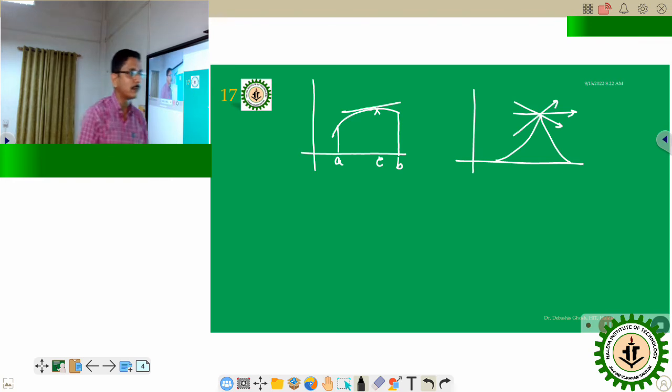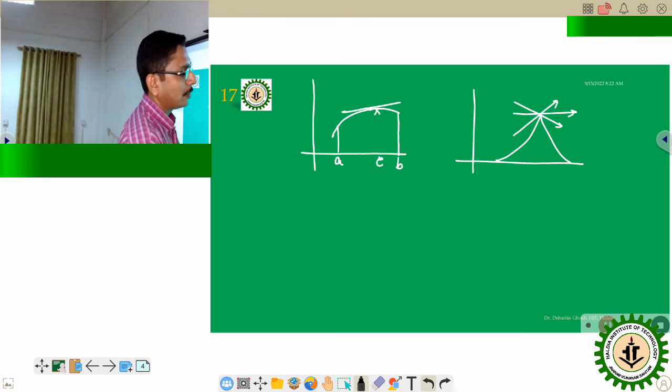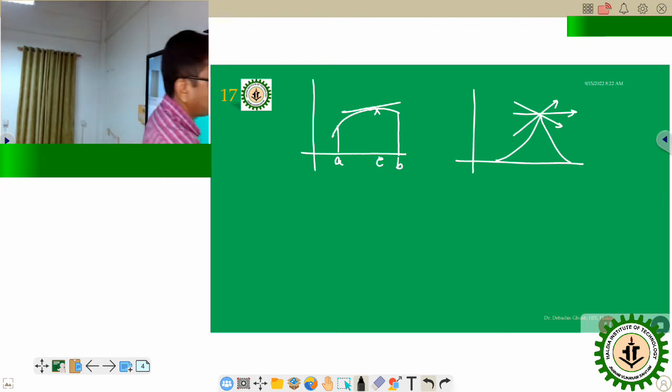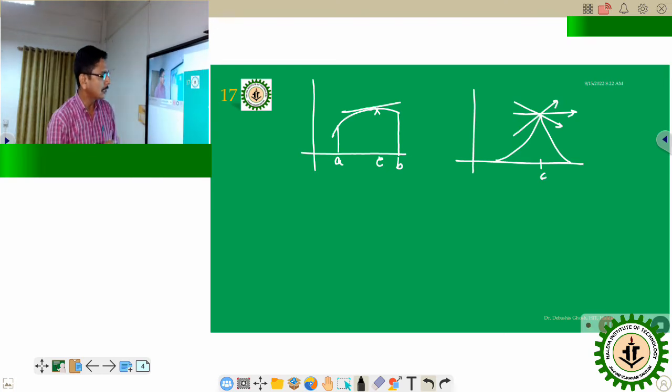Therefore we could not draw the tangent to this particular type of curve. So we could not find the derivative of this function at this point c. These are some features by which we can verify whether a function's derivative exists or not.